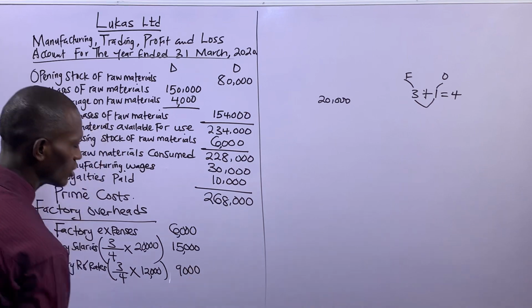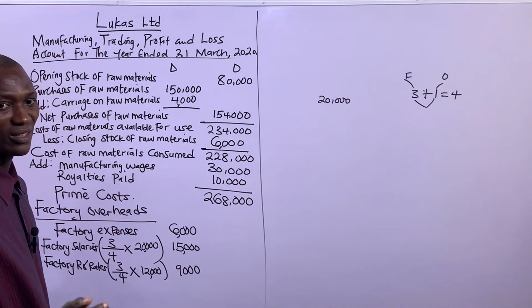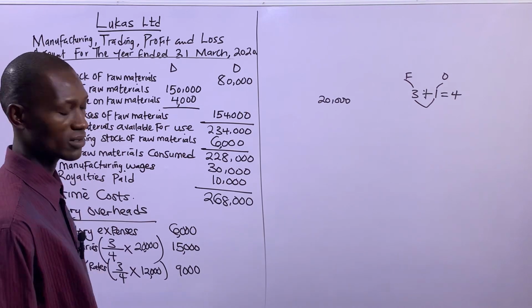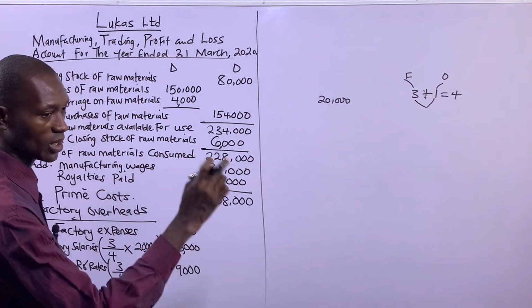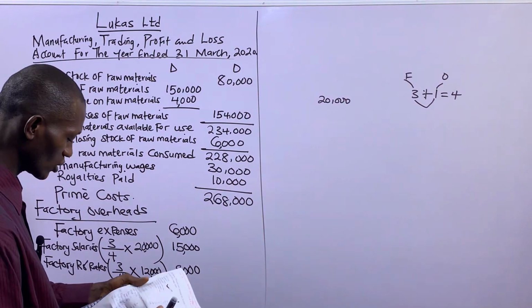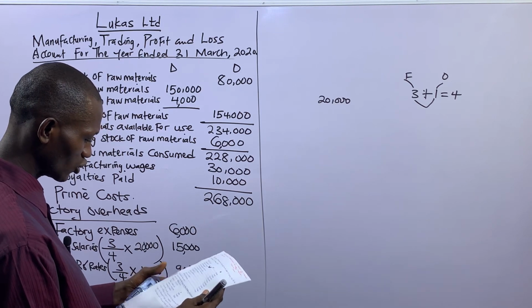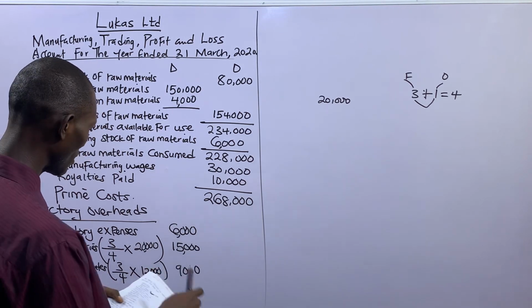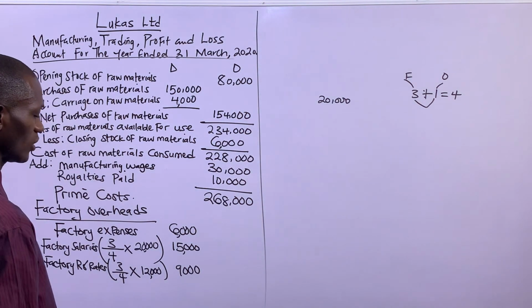So 9,000 of the 12,000 will be apportioned to factory, and the remaining 3,000 will be apportioned to office. And the remaining 5,000 of the salary will be apportioned to office. There are no other expenses to be apportioned to the factory. So these are the factory overheads that we have.